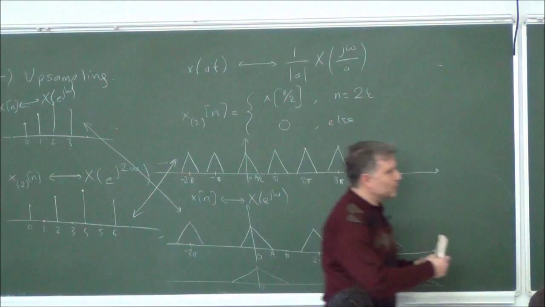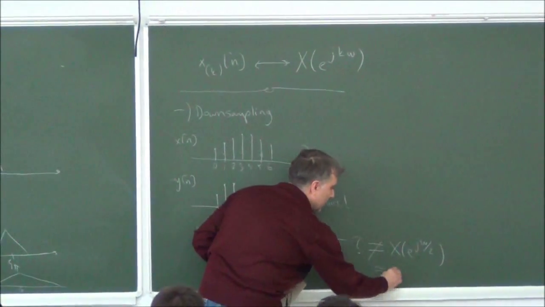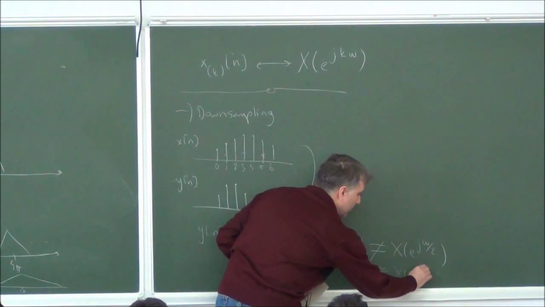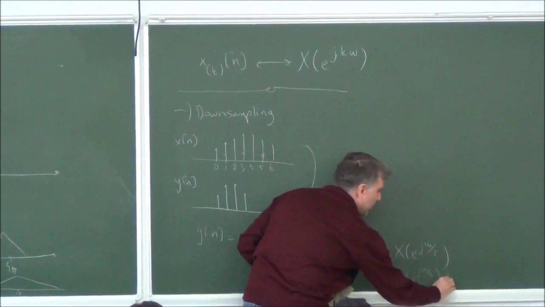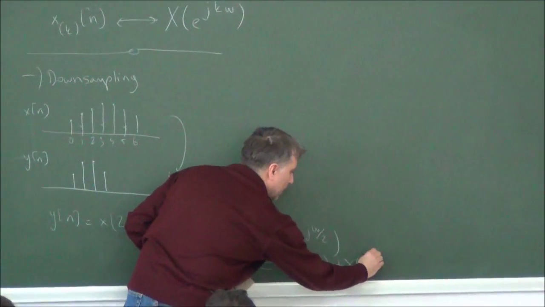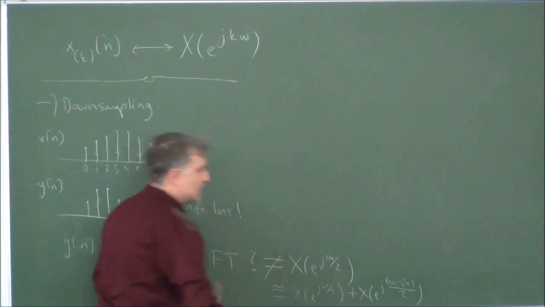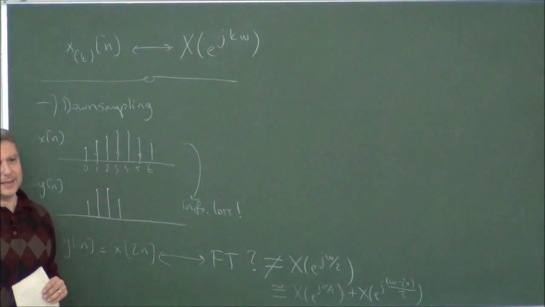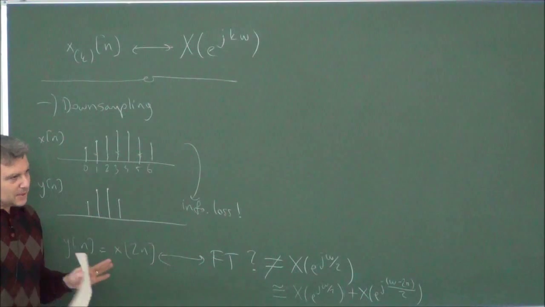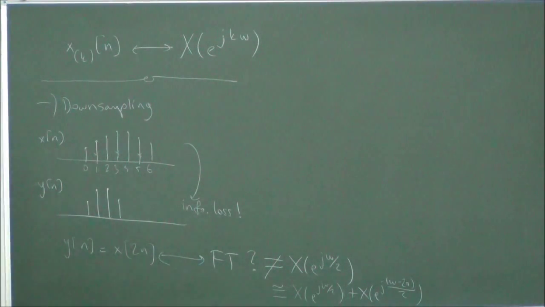So it is not equal to that one, but it is somehow related to x of e to the j omega over 2 plus x of e to the j omega minus 2 pi over 2 as well. Something like that. But it's complicated, and I don't want to go into the details of this one.